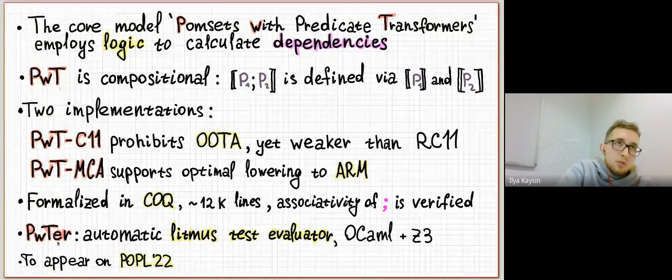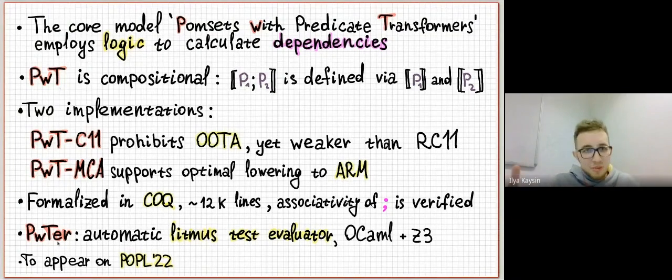It is an automatic evaluator of this model. So it takes a program as an input and produces all the executions allowed by these models as an output. And this work will be presented at POPL 22.